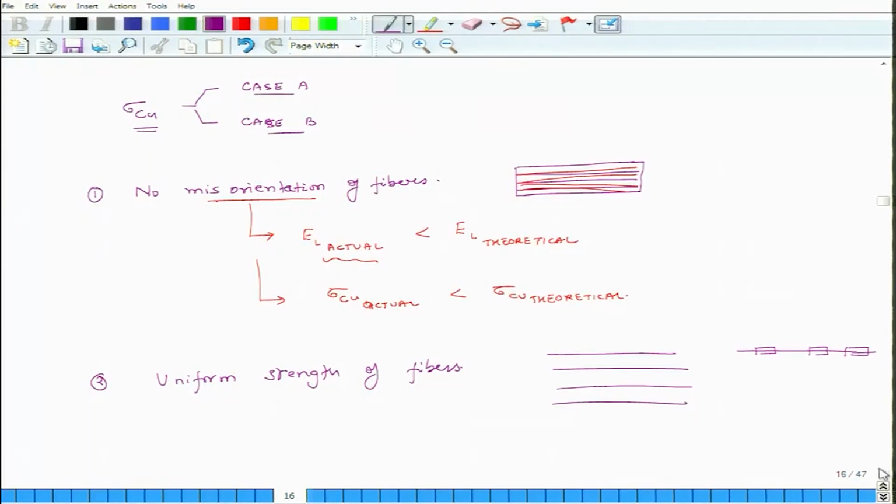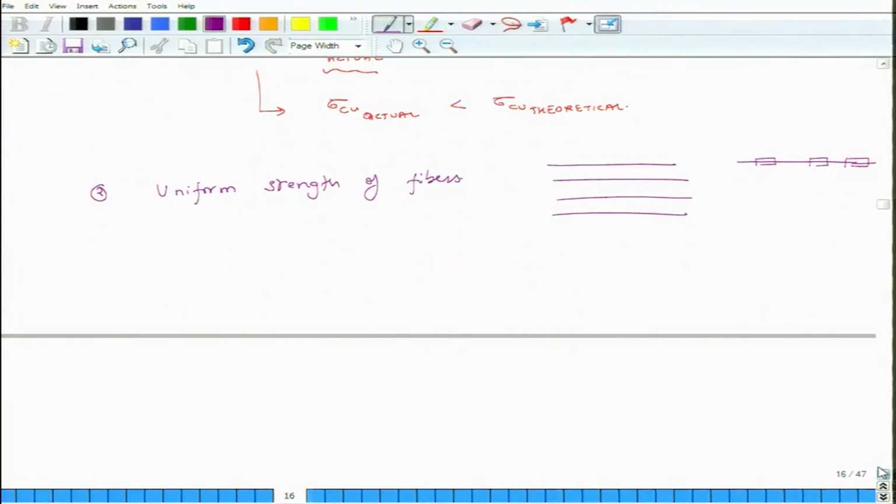This may not be entirely true in reality. So, if you take some especially ductile fibers made of metals, they may have this property, their strength may be more or less uniform. But for glass fibers, this may not be true.